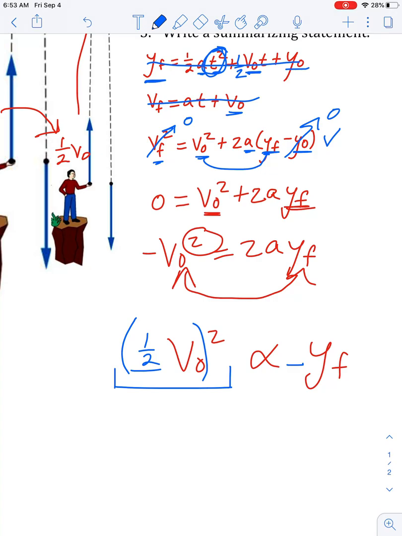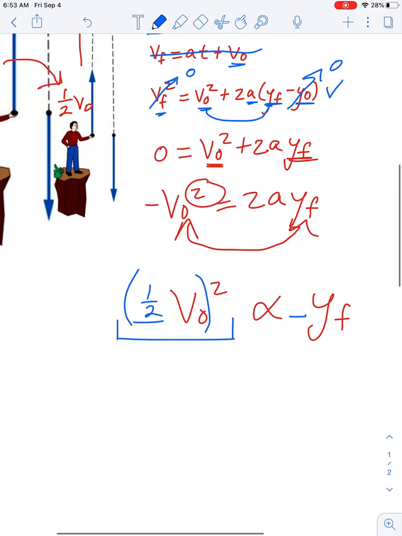Think about it like this. Let's say the initial velocity was 4. Well, 4 squared is 16. But if we take 1/2 of that, it's 2. So if the initial velocity became 2 meters per second and we square that, it's only 4, okay? So the factor, the 1/2, is getting squared as well. This whole side changed by a factor of 1/2 squared, or 1/4.